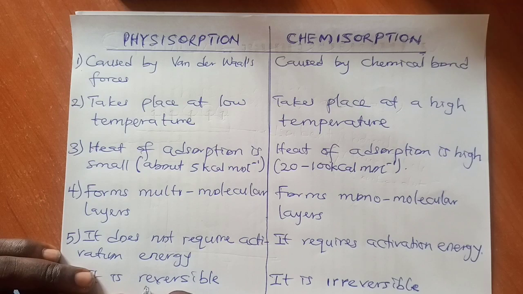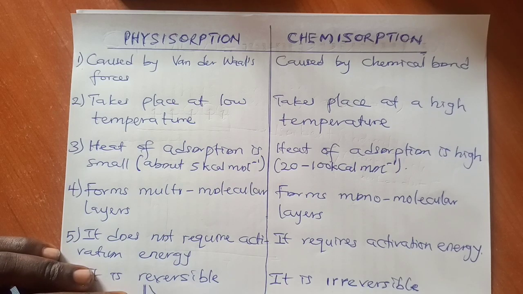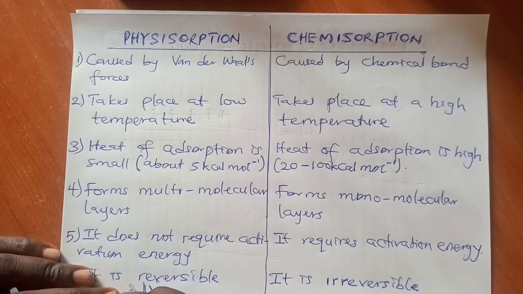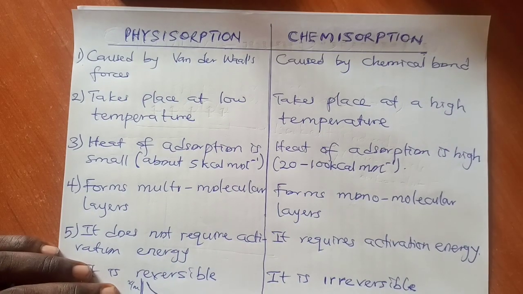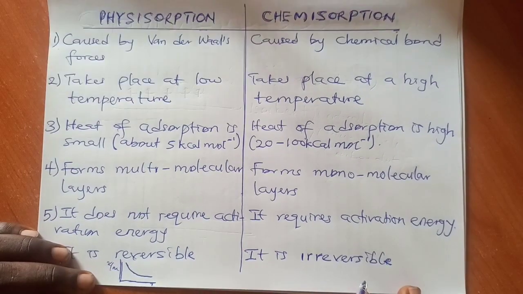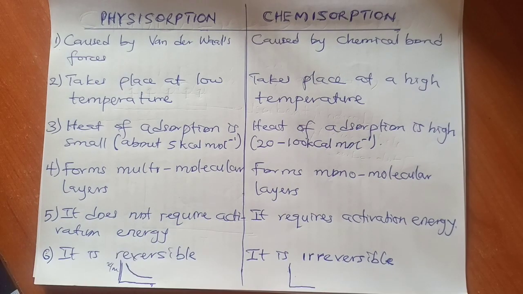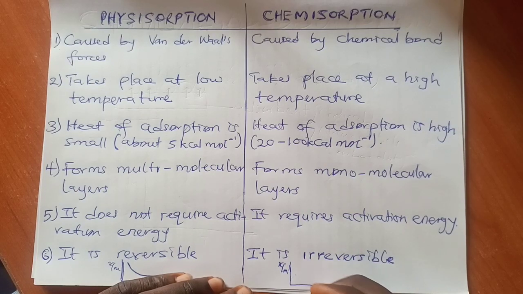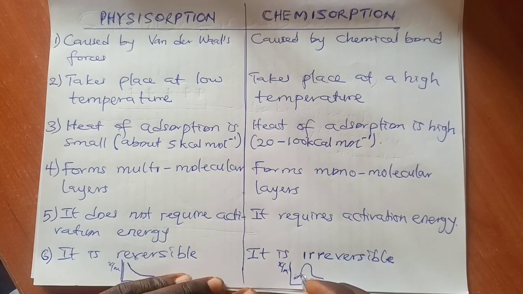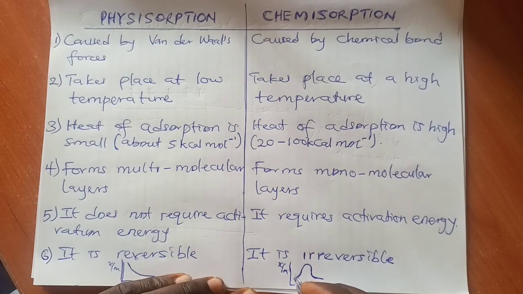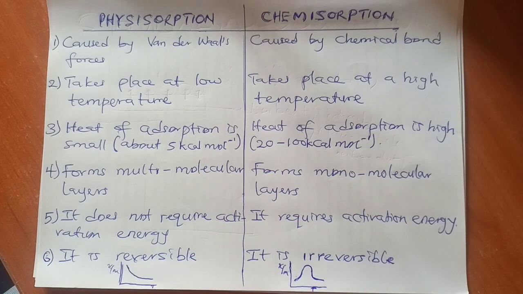For physisorption, you have an isotherm that comes like this, plotted as x over m versus T. Meanwhile, in chemisorption, you have an isotherm that goes this way, also x over m versus T. And of course, you should know that adsorption is an exothermic process.